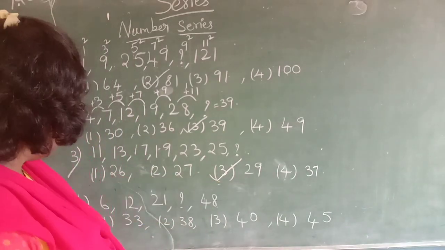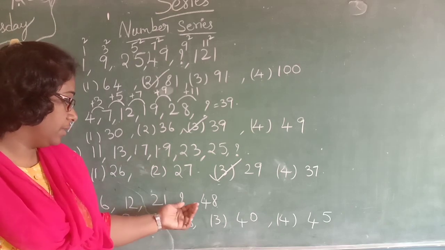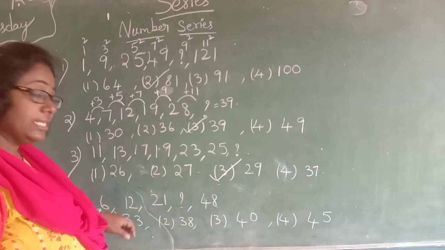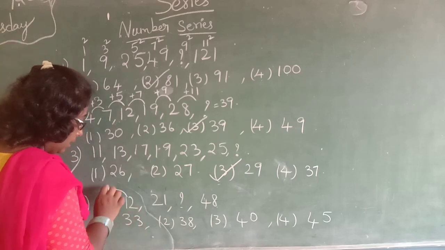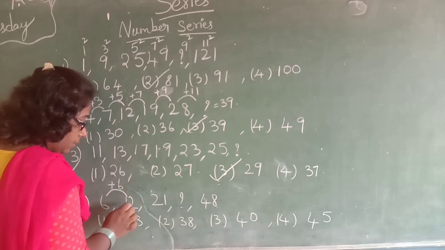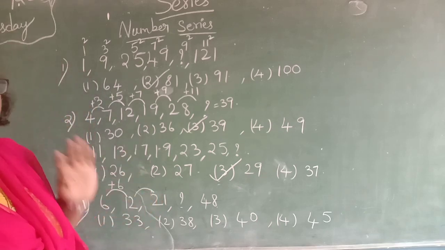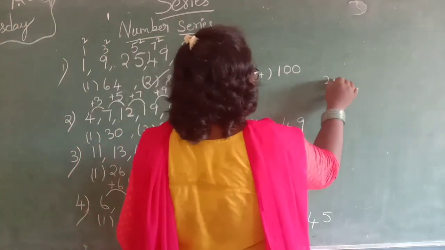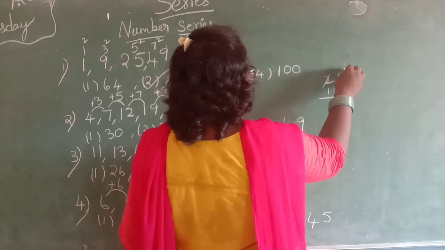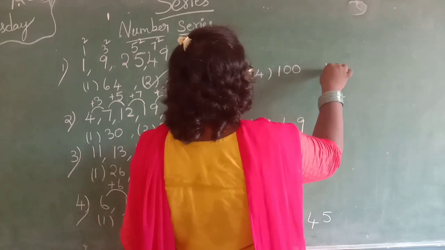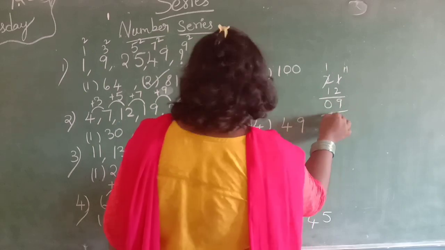Okay. The next one is 6, 12, 21, question mark and 48. As you can see here, the difference between these two is plus 6, and if you don't know the difference, just do the subtraction. 21 minus 12 is 9.